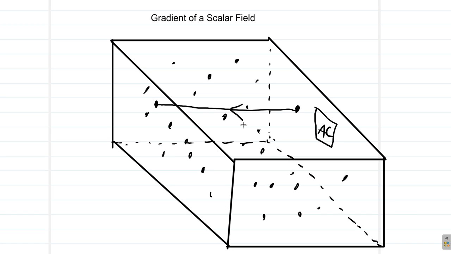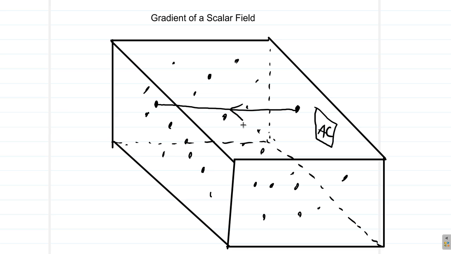Now, the gradient of that temperature field is a vector because it has magnitude and direction. You have the magnitude, which is the difference in temperature, and the direction from warmest to coldest within that region.